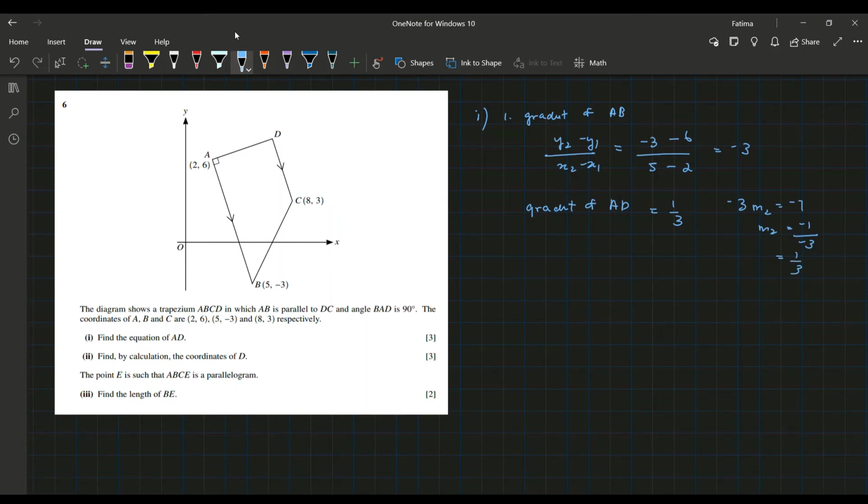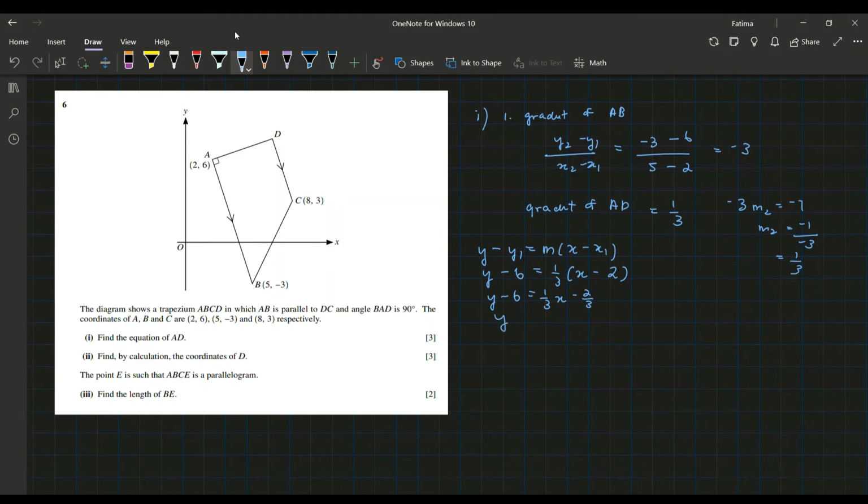So we have the gradient of AD now, and we have one of the coordinates on the line AD. So we can input that into our formula y minus y1 is equal to m(x minus x1). So y1 over here is 6, that's the coordinate for A, the gradient is 1 by 3, and x1 over here is 2. So that's y minus 6 is equal to 1 by 3 x minus 2 by 3.